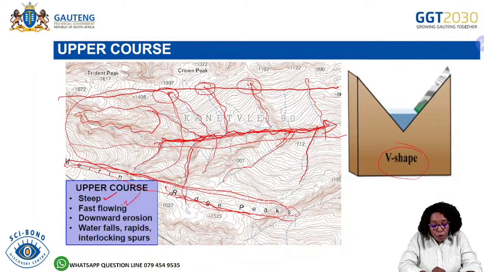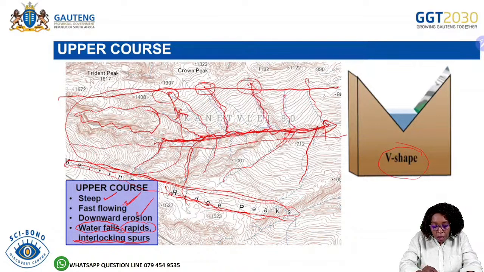Then what we find there is that obviously, because the gradient is steep, streams would be flowing at a faster speed. And the type of erosion I have mentioned, we said we experience downward erosion as well as headward erosion. And the type of landforms that we can identify would be landforms such as waterfalls or the rapids. And what else do we need to take note of here? It's the interlocking spurs. Remember, these would be the areas where we can identify the space over which the tributaries are flowing.